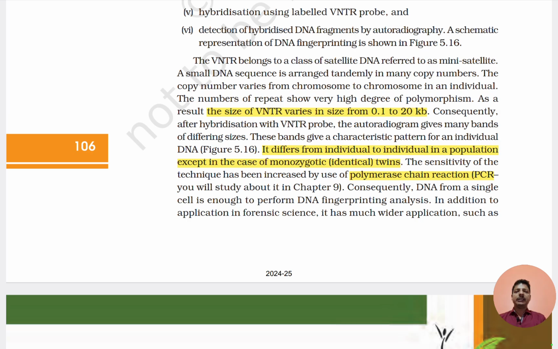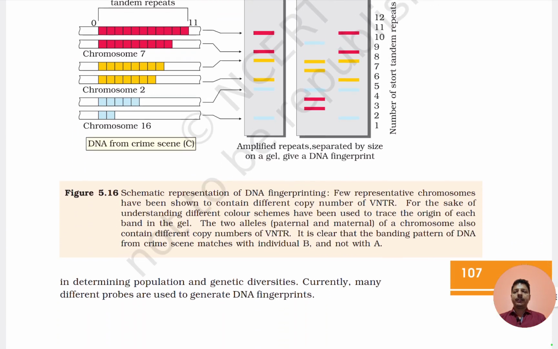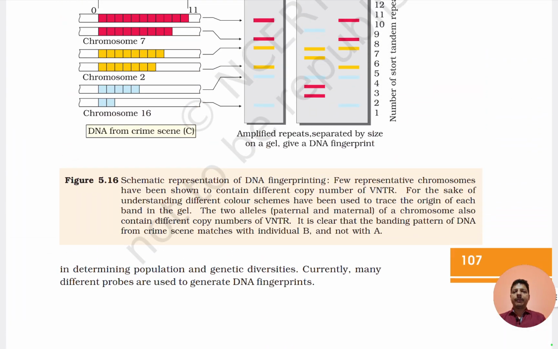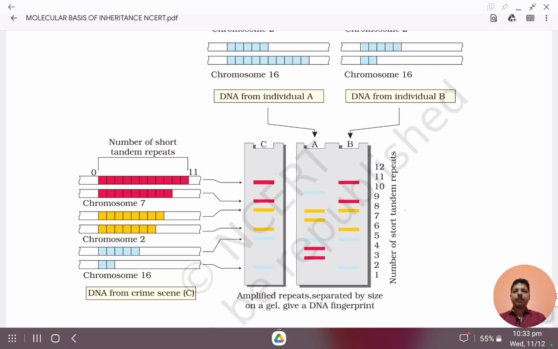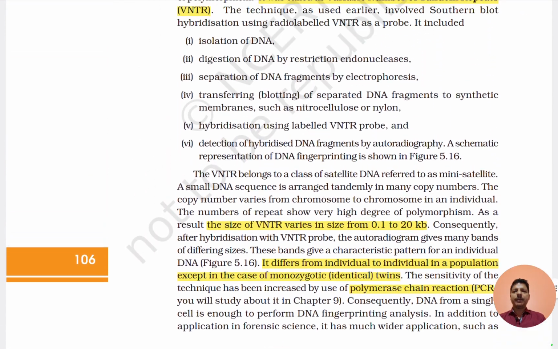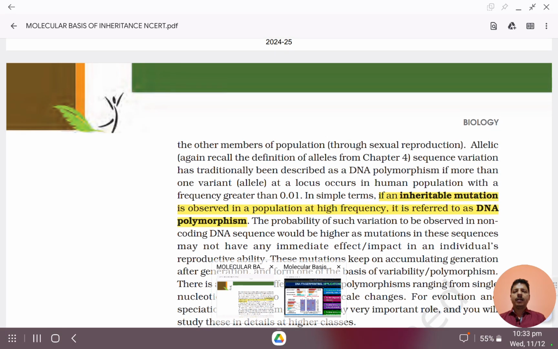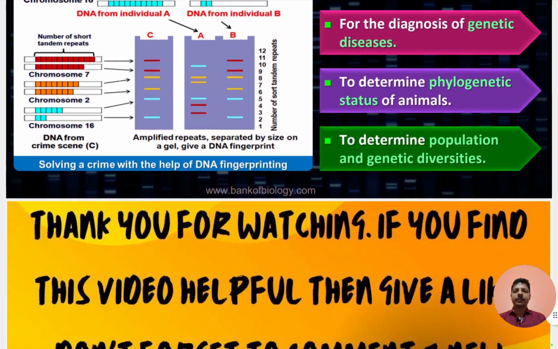We will study about this in chapter 9, and the diagram is there as you can see. With this, the chapter is completed. We will go through this topic and DNA fingerprinting in chapter 9, where we can easily identify what PCR is and how it works.